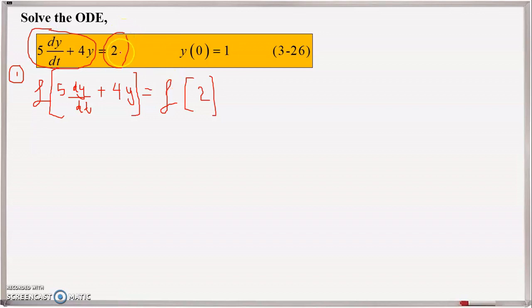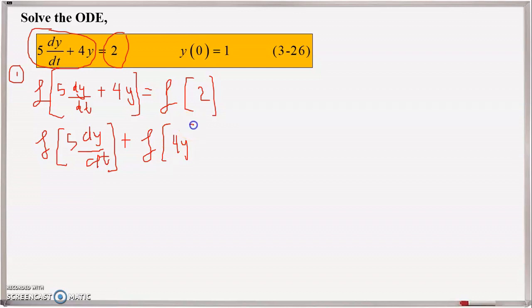And then after you do this, you can actually split the Laplace. For example, if you have the operation plus, then you can split into 2 Laplace forms. So you can break it into this one, Laplace of 5 dy over dt, plus another Laplace transform for y, equivalent to, this just remains because it only has one expression, 2.